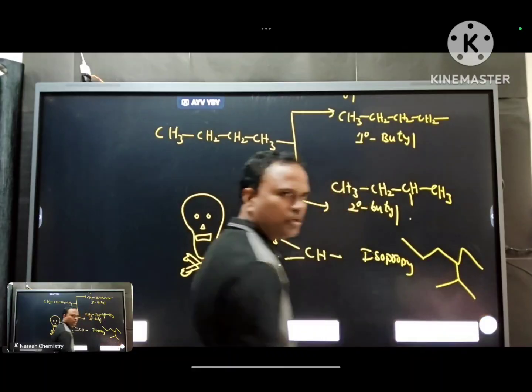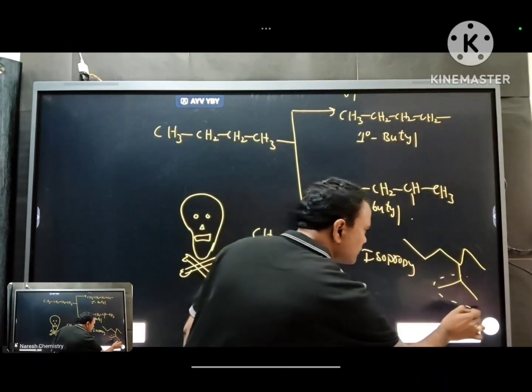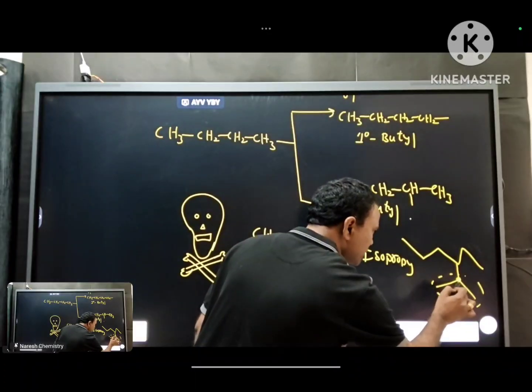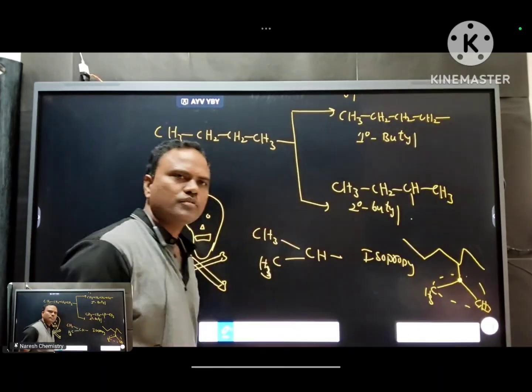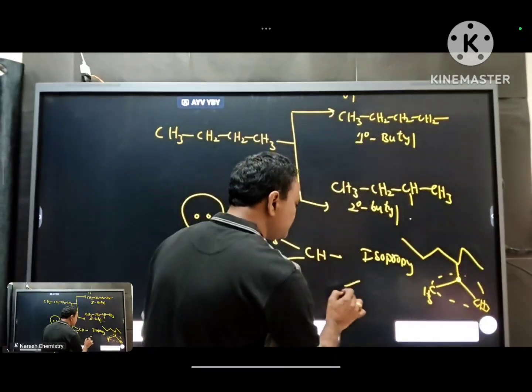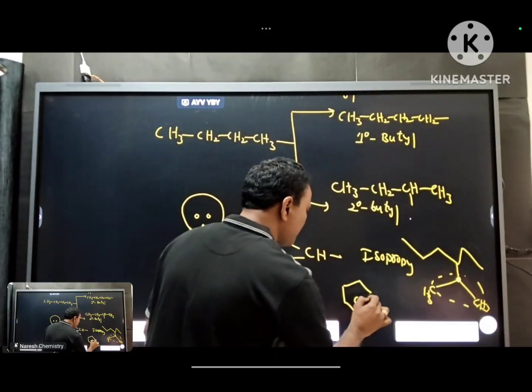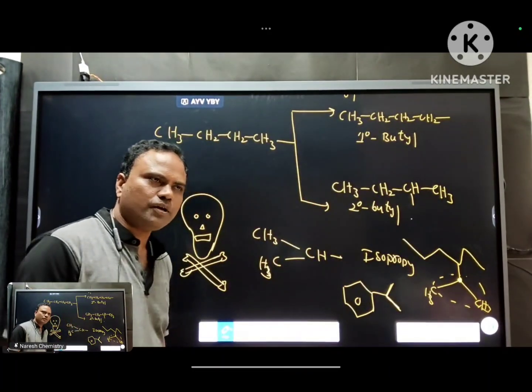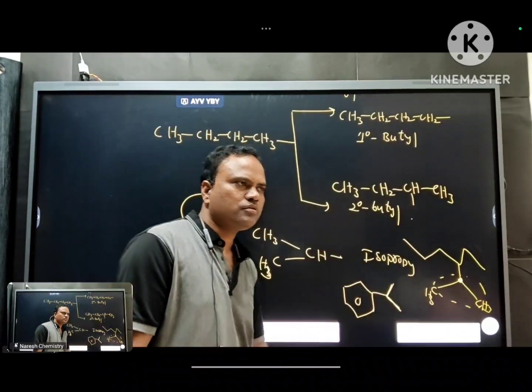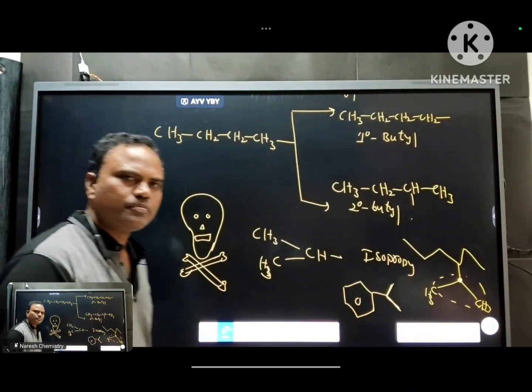So this is isopropyl. One carbon with two methyls, CH3, CH, isopropyl. Or like this also. This is also isopropyl. You should identify the isopropyl group.